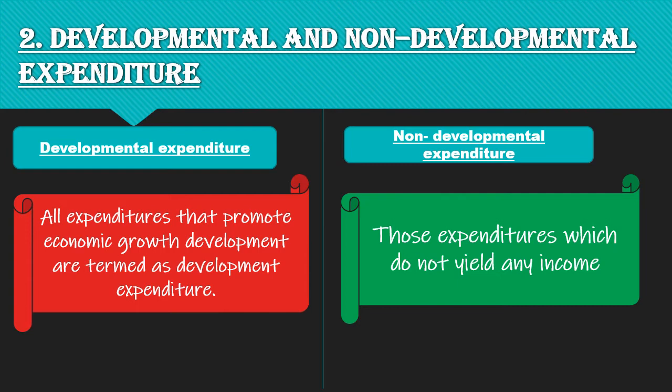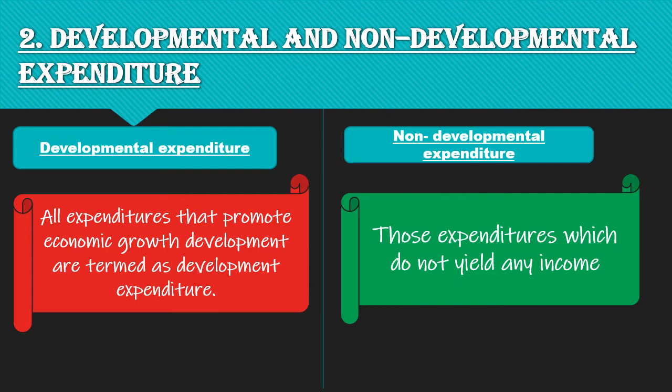Non-developmental expenditure refers to those expenditures of the government which do not directly help in economic development of the country. As the name itself explains, the expenditure incurred by the government is not for the development of the country, but actually it has to be spent by the government, like the cost of tax collection, cost of audit and expenditure on defense, on pensions.